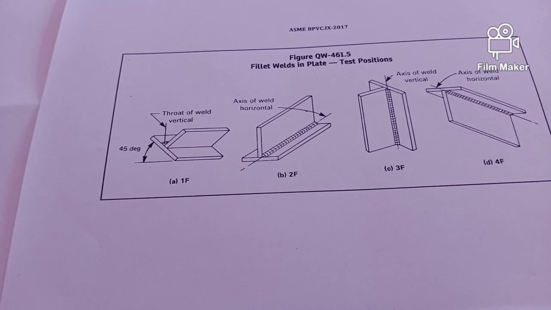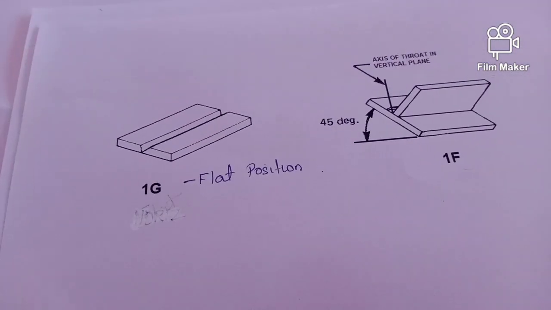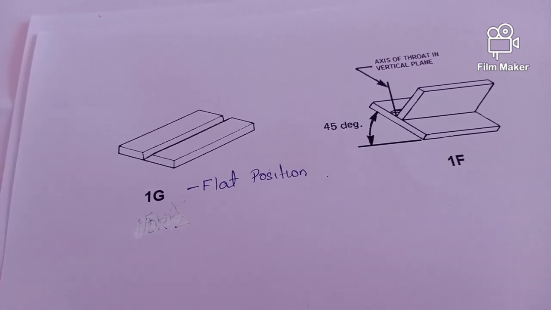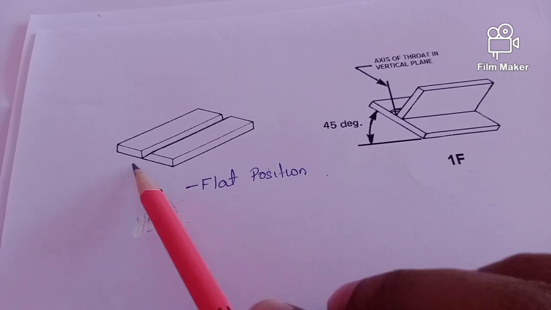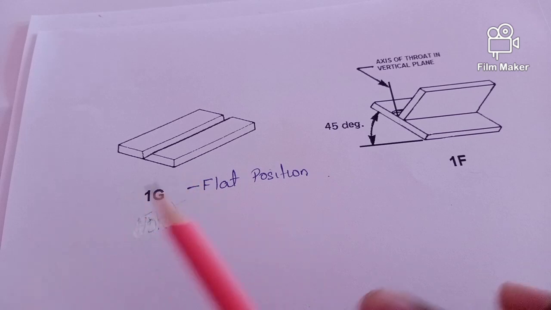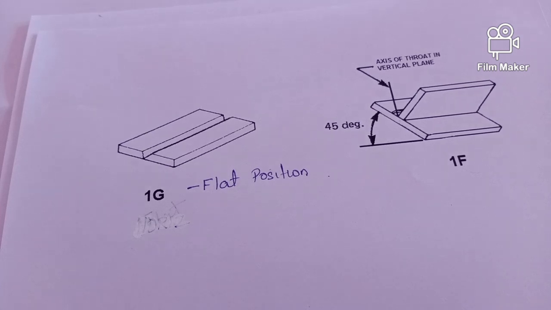First, 1G position. You can see the figure now. 1G position is known as flat position. In the flat position, the plate will be in horizontal position, so the groove of the weld will be in horizontal direction.